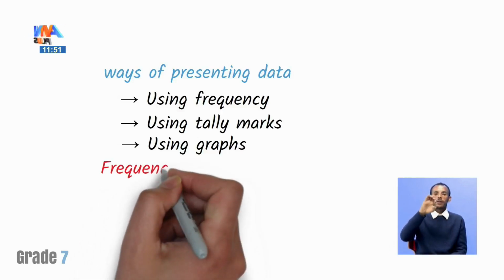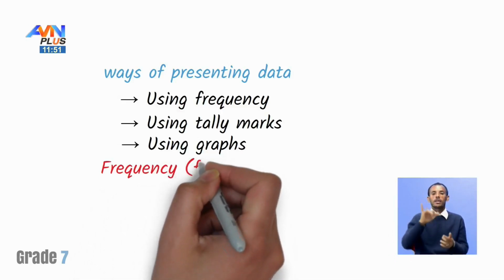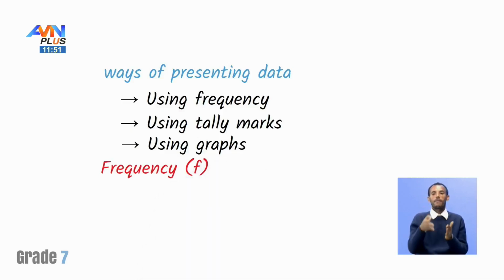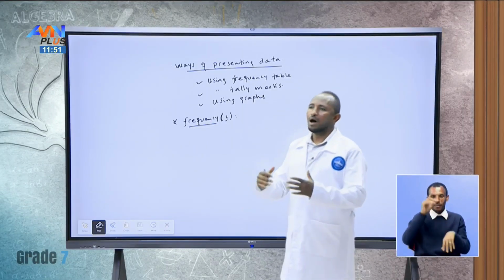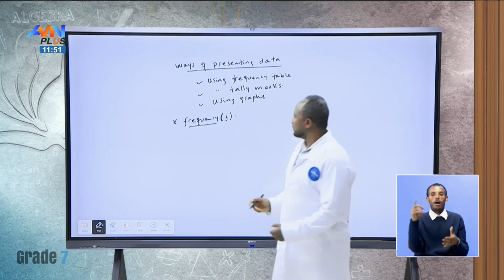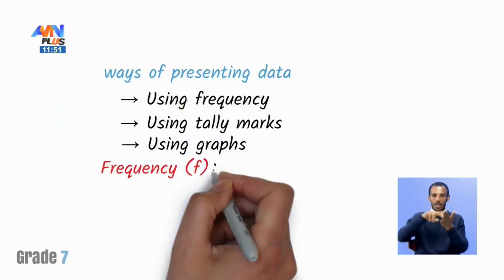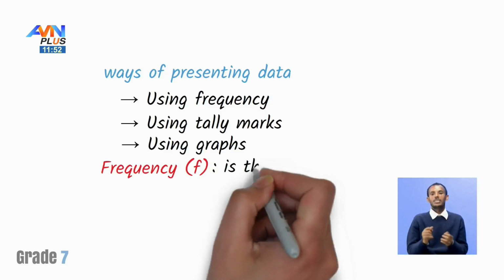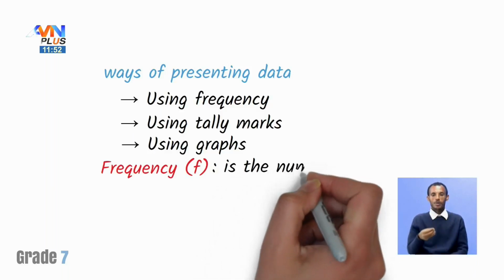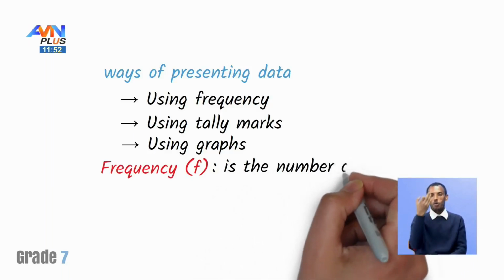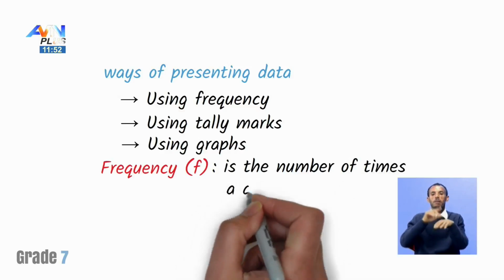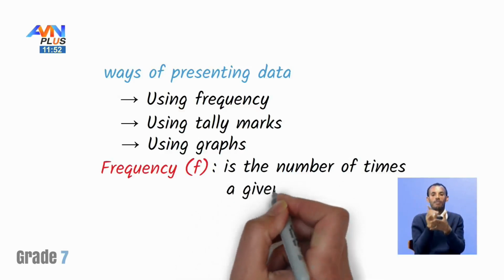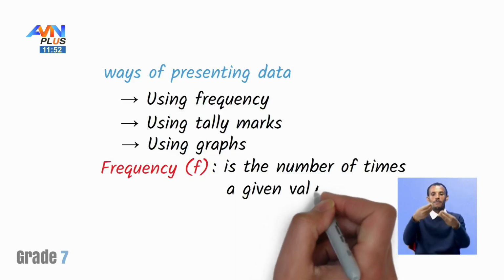Most of the time we use the symbol F for frequency. Frequency means the number of times a given value happens.